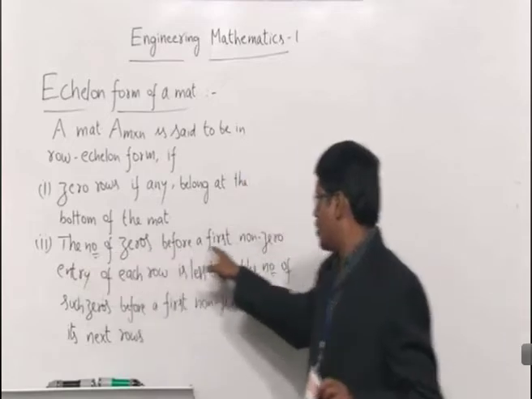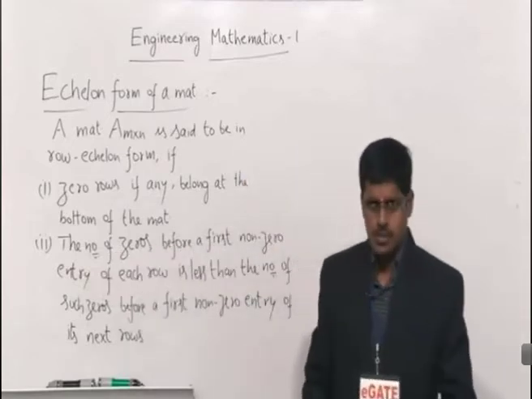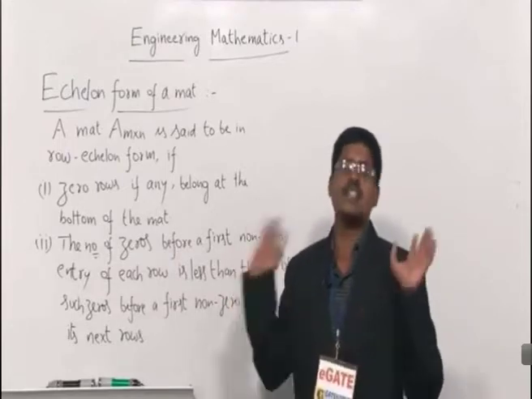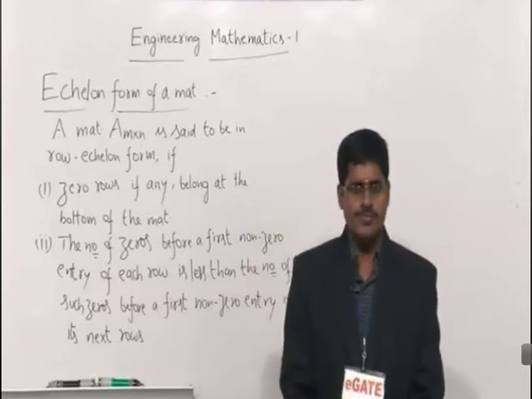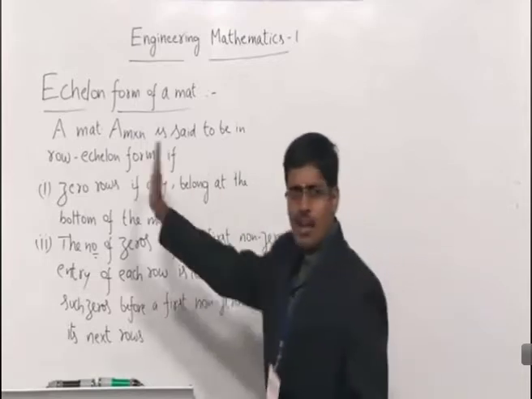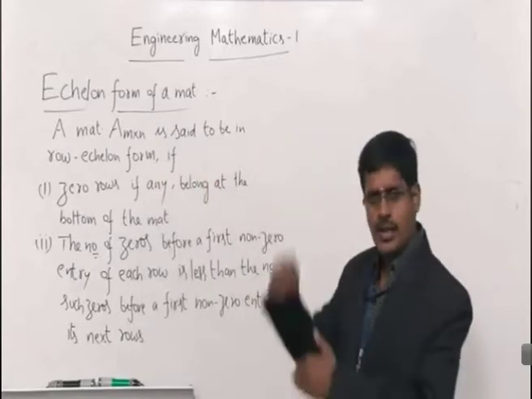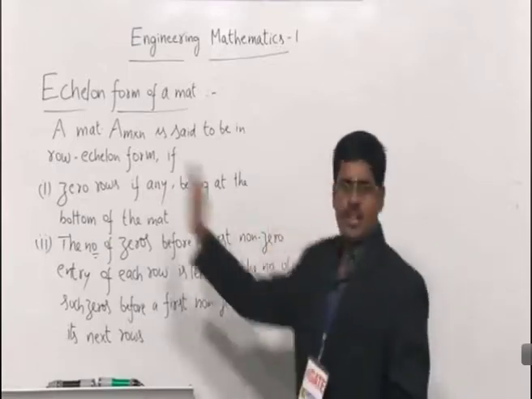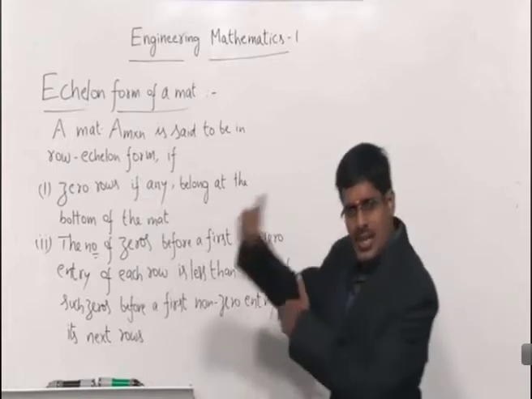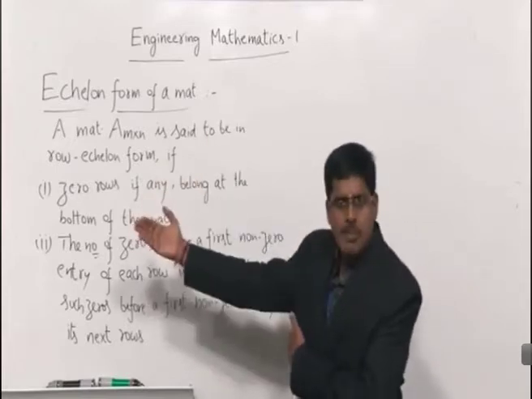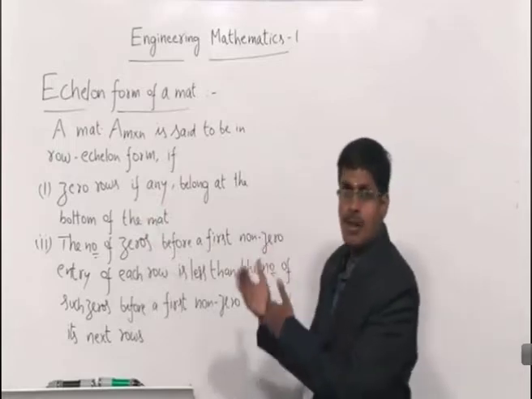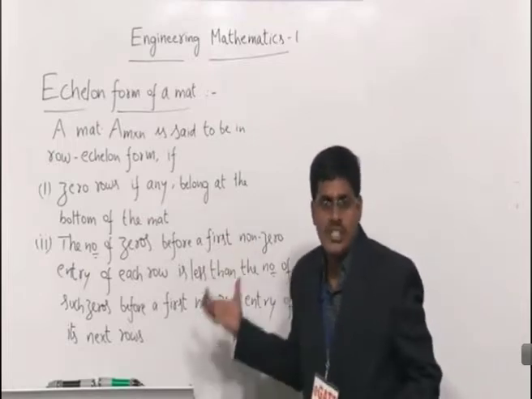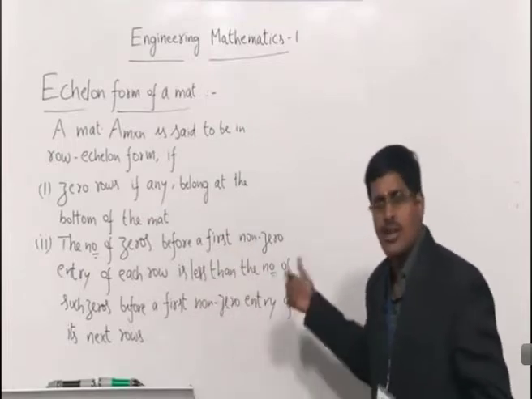Second operation, second step: the number of zeros before the first non-zero entry of each row. Now try to understand, this point is difficult, but after an example it becomes the easiest method. Go to the first row, find the first non-zero element, and count the number of zeros before it. Keep that in mind. Come to the second row, find the first non-zero element, and similarly count the zeros before it. That number of zeros compared to the preceding number always increases. The number of zeros in the first row before the first non-zero entry is less than that of the next rows, second row, third row, like that.